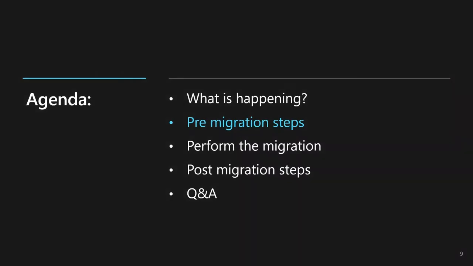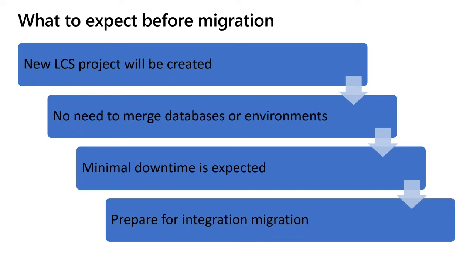Now, before you execute the migration process, there are a few prereqs which you need to perform and understand. You might already have multiple LCS projects for your existing implementation. With this migration, a new LCS project will be created. Migration tooling will do everything for you in the background. You don't need to merge databases or environments.